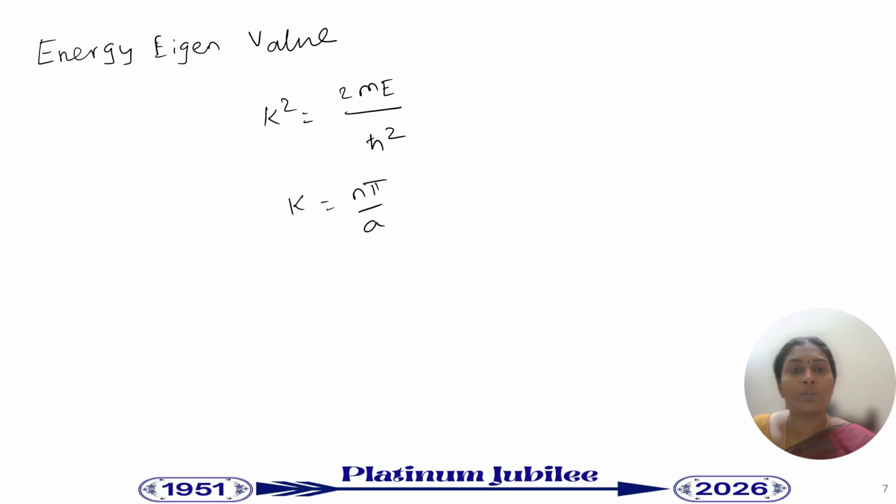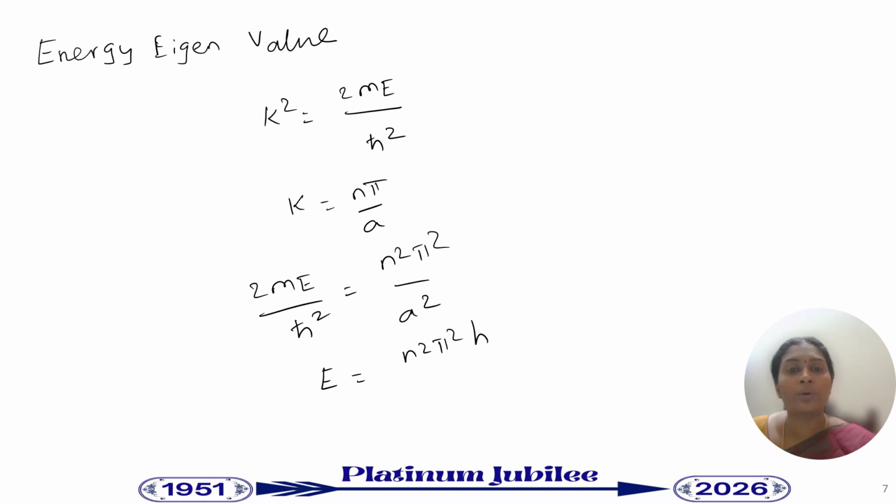So from these equations, we just equate them: 2mE by h cross square is equal to n square pi square by a square, and we need to calculate the E value. So E is equal to n square pi square h cross square by 2m a square, and we know that h cross is h by 2 pi.